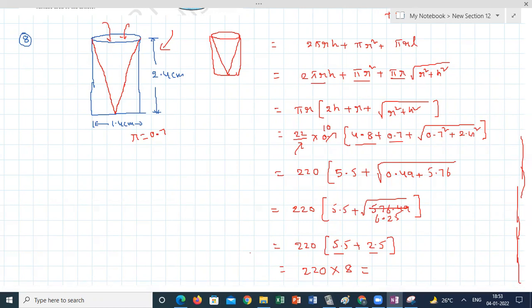That is... 1760 centimeter square. Is it the right answer you got? Or 17.60? Where did we miss the decimals?